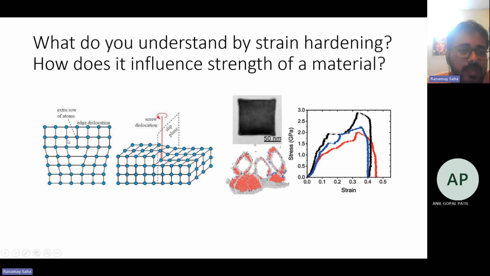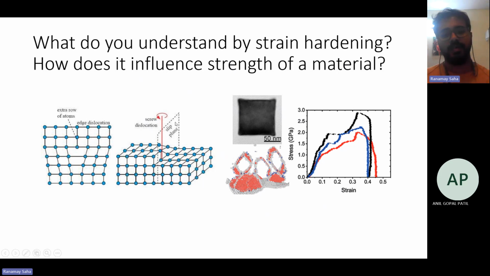So there are two kinds of defects which are technically present during manufacturing processes. One is called edge dislocation, one is called screw dislocation. Okay. So edge dislocation is where the defect moves parallel to the surface in the line of the defect.